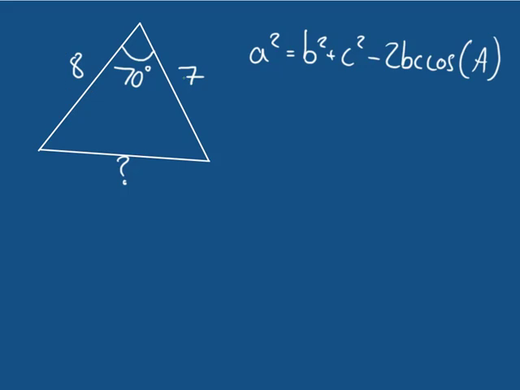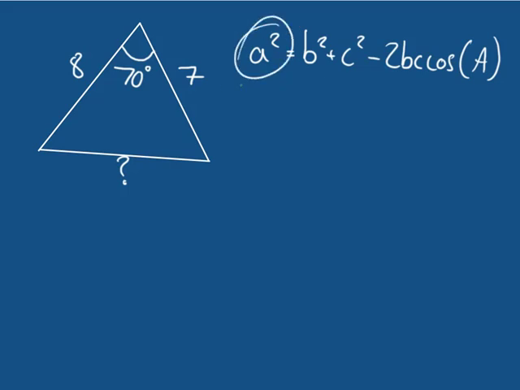It doesn't matter which way round we have those, but the important part is the edge we're trying to find is edge A. And that means rearranging this equation is going to become very simple, because we already have the only thing we don't know, A, on the left-hand side, and everything we do know on the right-hand side.